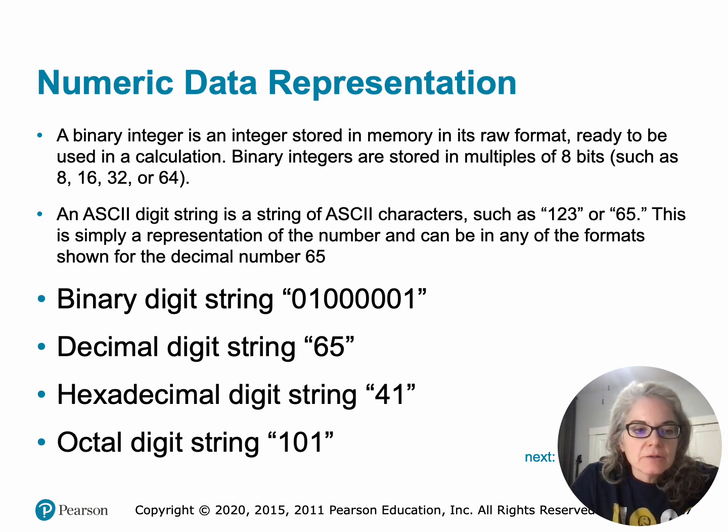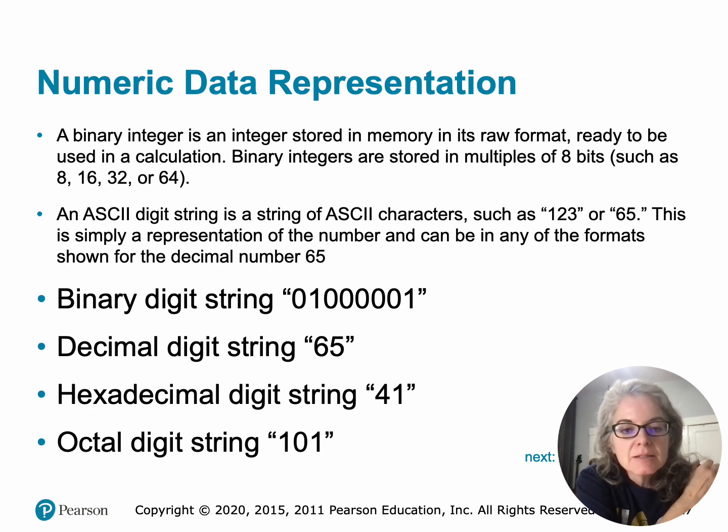A binary integer is an integer stored in memory in its raw format, ready to be used in a calculation. Binary integers are stored in multiples of 8 bits. So 8 bits equals 1 byte, 16 bits equals 2 bytes, and so on. An ASCII digit string is a string of ASCII characters such as 1, 2, 3, or 65. This is simply a representation of the number and can be in any of the formats shown for the decimal number 65.